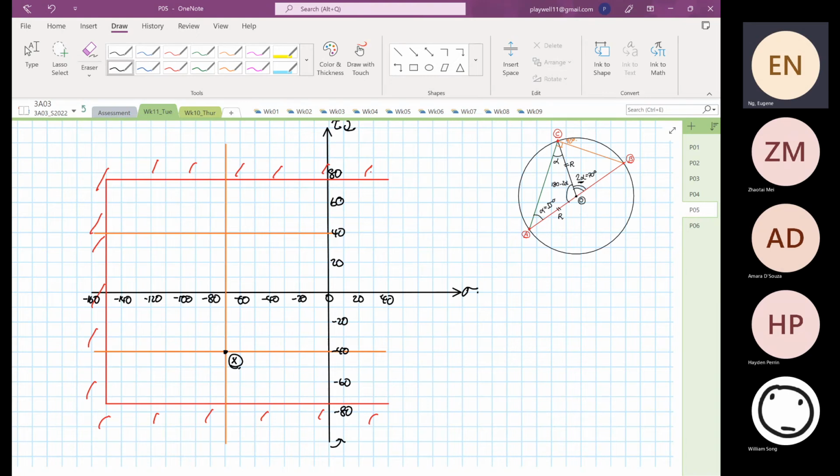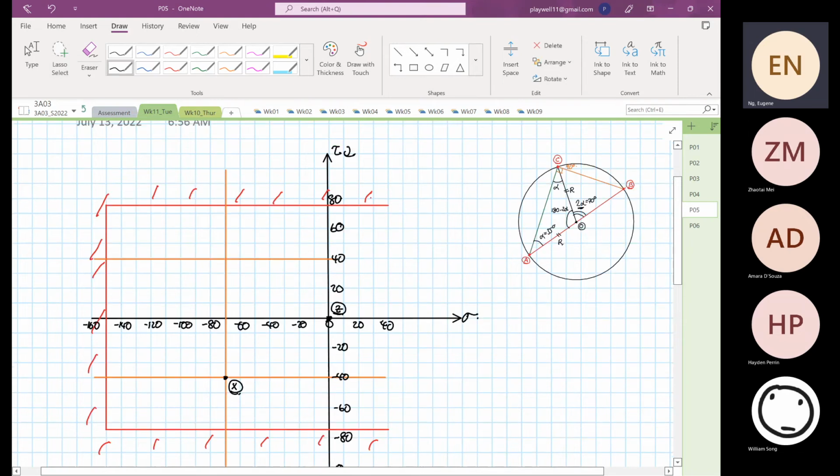The points that we know: this is our point Z, and we also know that the circle has to be within the red box that we've drawn. I've only drawn the negative part. So the first thing we're going to do is, we know that all the three circles, or two of the circles, have to touch this point.